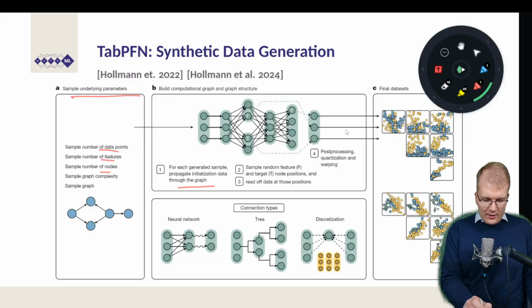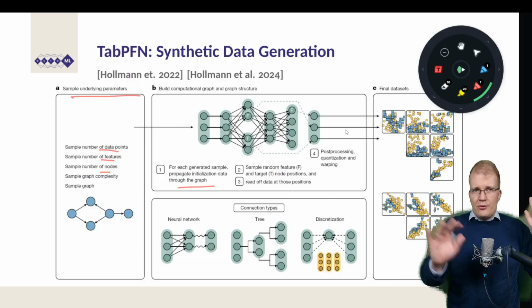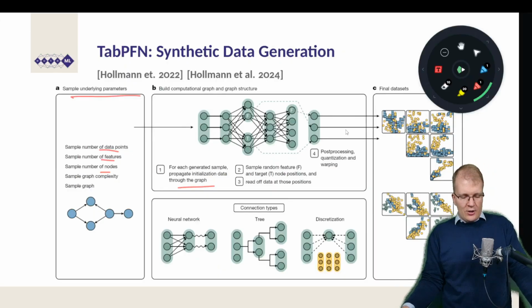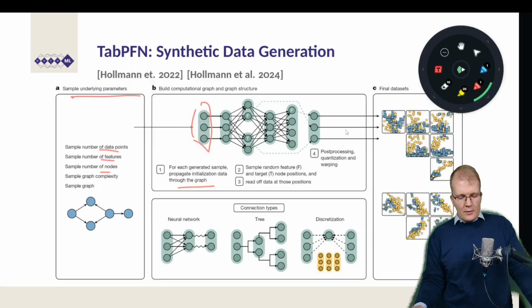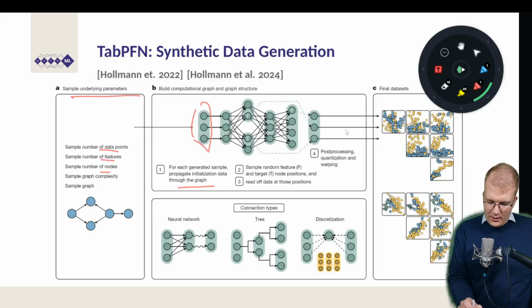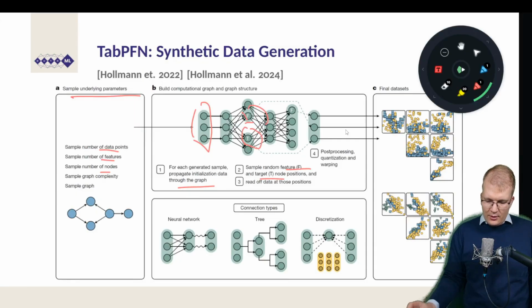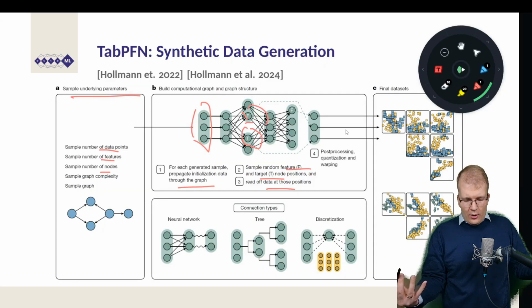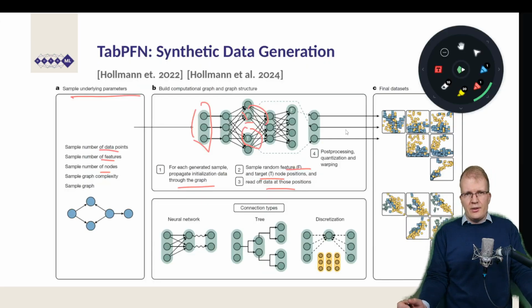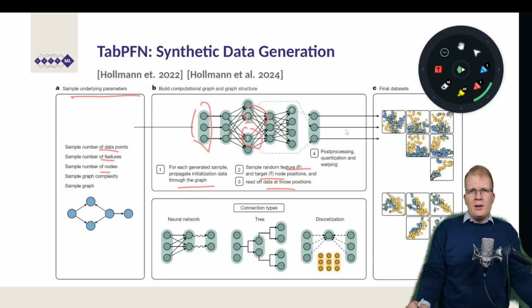So we have some randomly sampled initial data, let's say we have 3 features here. We sample random feature and target node positions and read off data at these positions. In all of these, we might be doing some transformations or connections, and that is how everything is transformed in this computational graph structure.